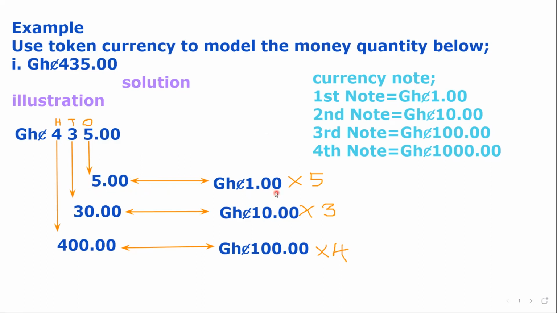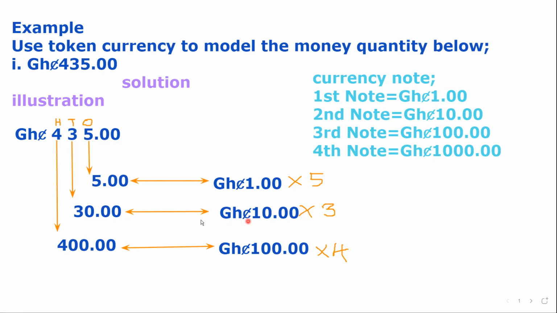And how many times are you going to use it to model the 5 cedis? The 5 times. Then when you come to the 30 cedis, when you check, you could see that the 10 cedis here is much closer to the 30 Ghana cedi than the 100 Ghana cedi and the 1 cedi and the 1,000 Ghana cedi.